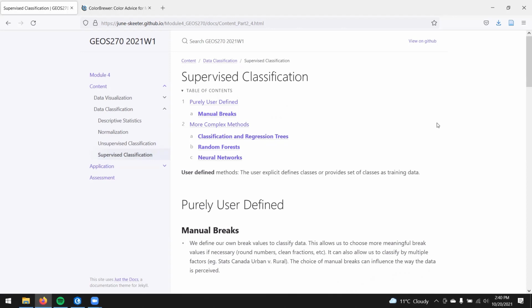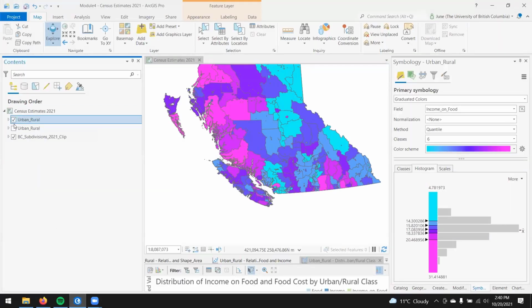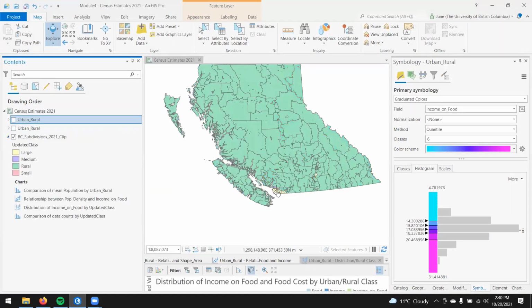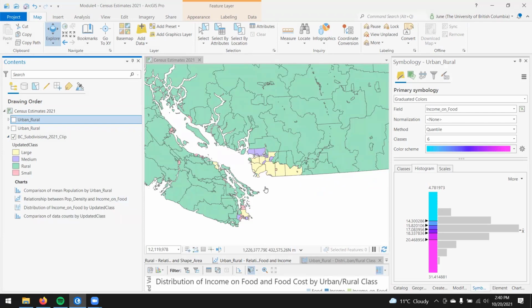In many cases, the computer still does most of the work. So what we used in lab this week is a purely user-defined method, right? We applied the Stats Canada descriptors for rural, small population, medium population, and large population size.